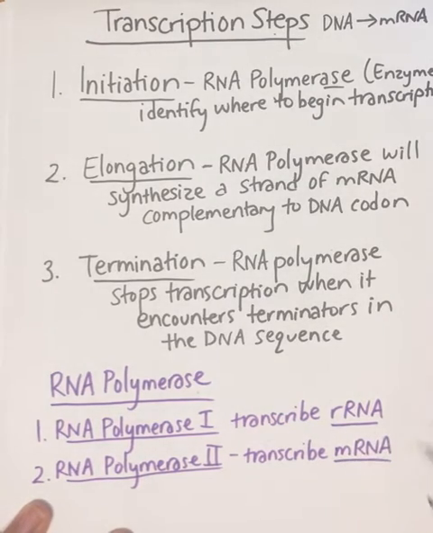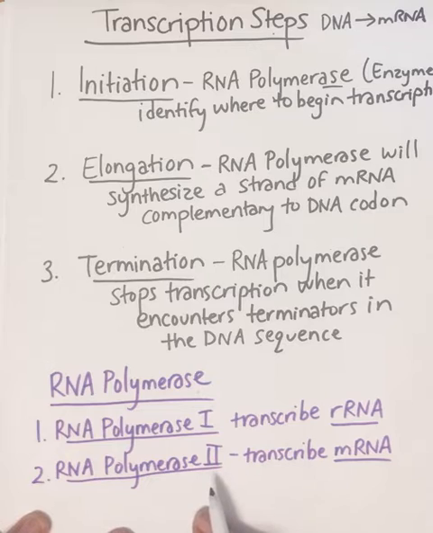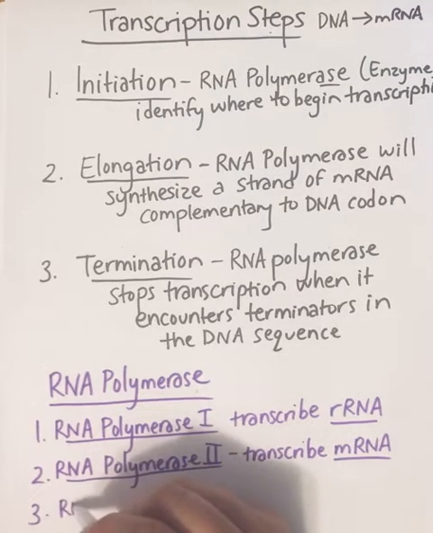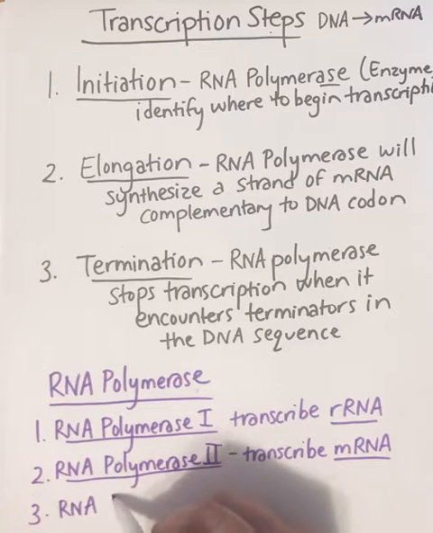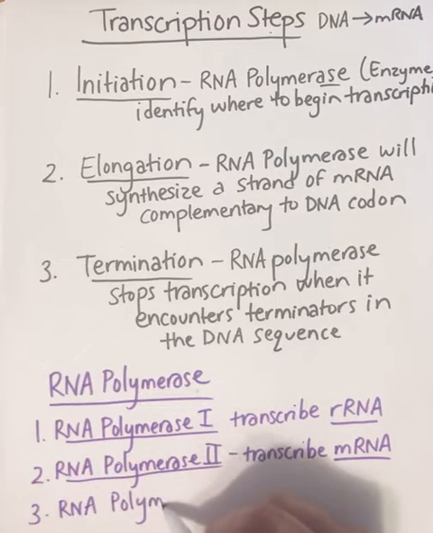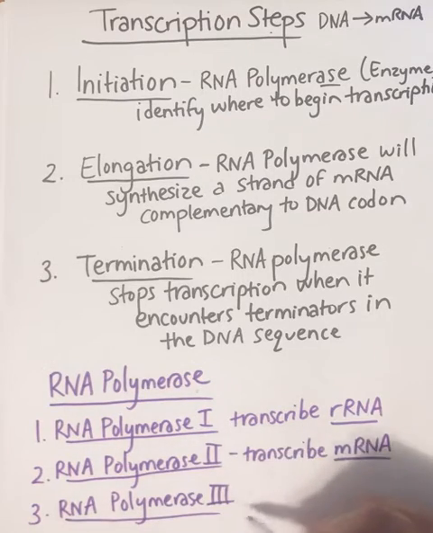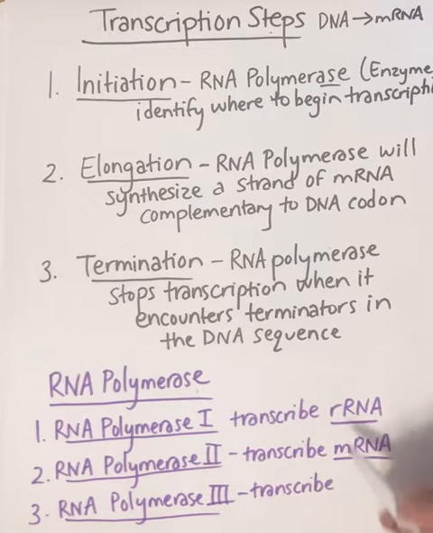So when we make mRNA, we're going to use RNA polymerase 2. And the third one, RNA polymerase 3, is going to transcribe, which means to make, tRNA.